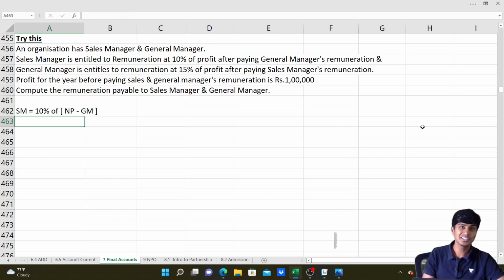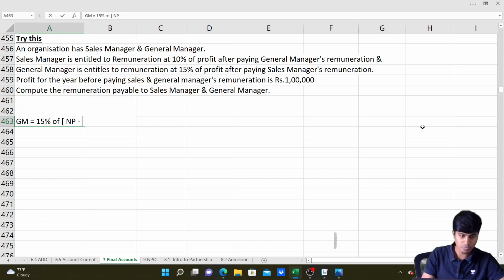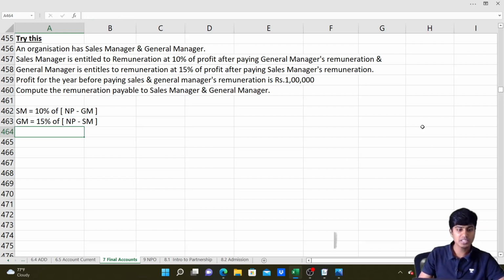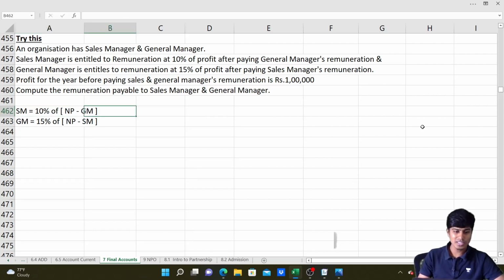Can I say this is right? I hope you all understand this. And I'll also say my general manager's remuneration is 15% of net profit minus sales manager's. I hope you guys understood this. I'll call this equation number one.